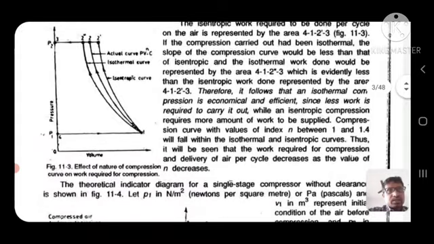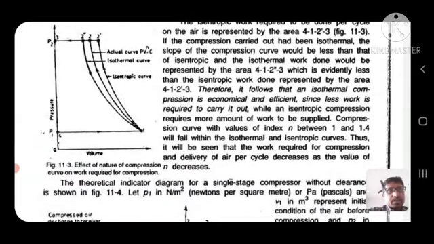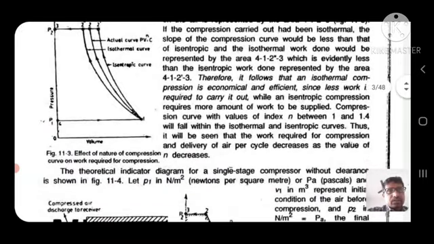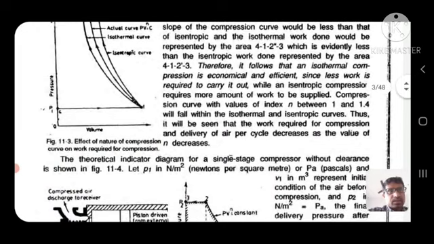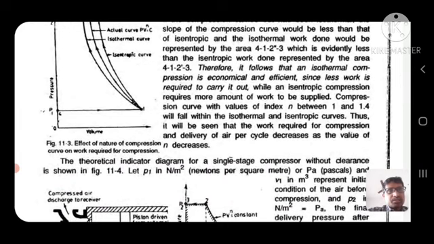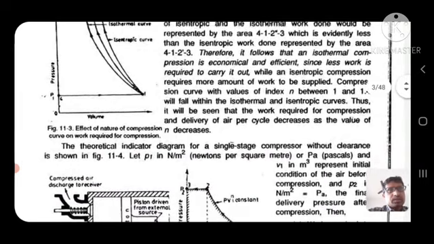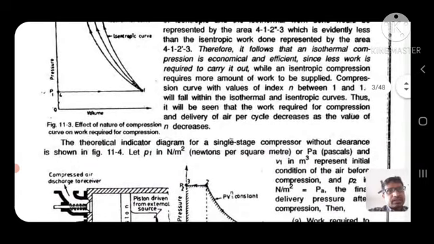If the compression carried out had been isothermal, the slope of the compression curve would be less than that of isentropic, and the isothermal work done would be represented by the area 4, 1, 2 prime, 2 double prime, 3, which is evidently less than the isentropic work done.